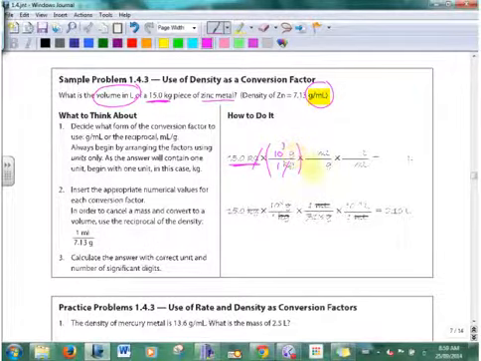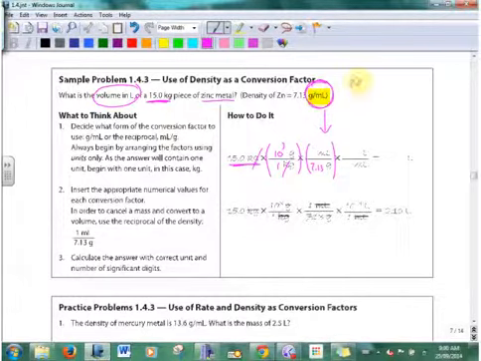Is there something to convert grams into liters? No. But there's something to convert grams into milliliters. That's what goes right here. You need to decide if you want to put it upside down or right side up. I got to cancel out grams. So I need to have grams down here, right? So this is 7.13 grams per 1 milliliter.